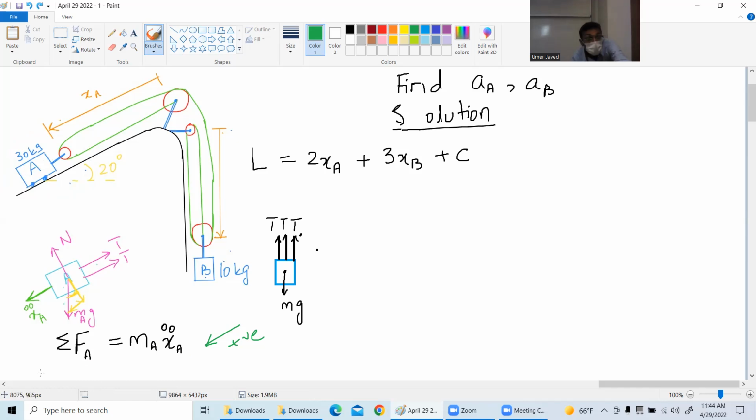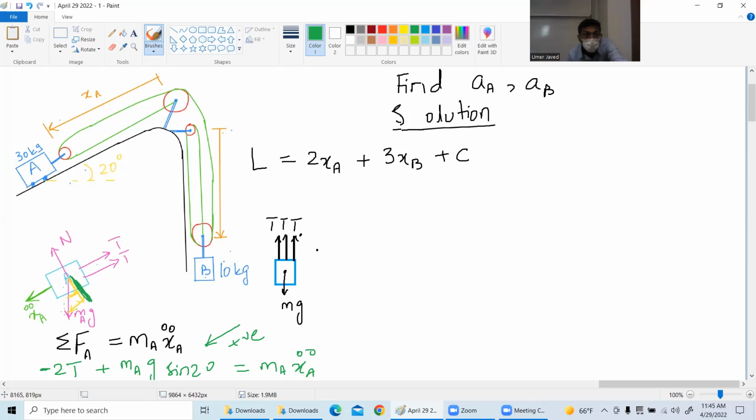Now you will write here minus 2T plus MAG sine 20, right? Equal to MA X double dot. Do we have anyone who did not understand this? I can explain why I did mg sine 20. This is mg. This is mg cosine 20.